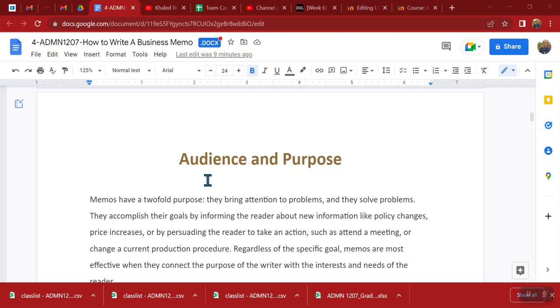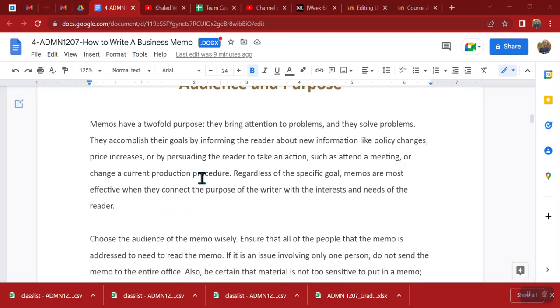You need to develop your memo in a way that the message you want to convey reaches the audience very effectively and efficiently. So you need to understand what they expect, what they always like to hear, in order to make your point and actually get things done.